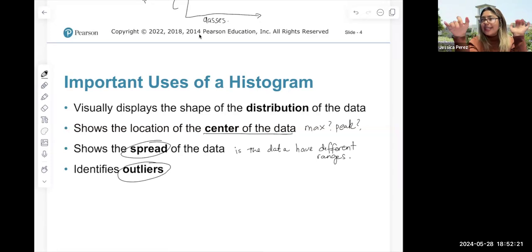Let's say that you have something approximately normal, and then there's an outlier that makes your data look off. So this is like the strange data, data that doesn't fit with everything else. That's an outlier.